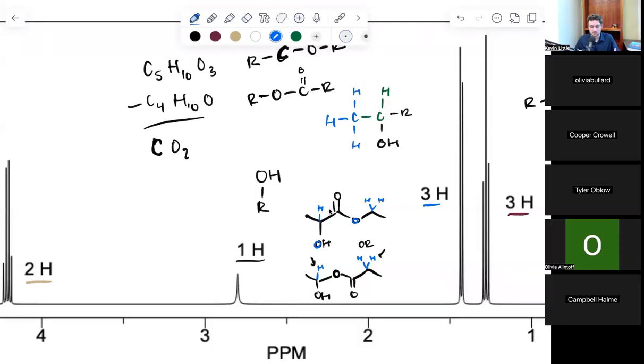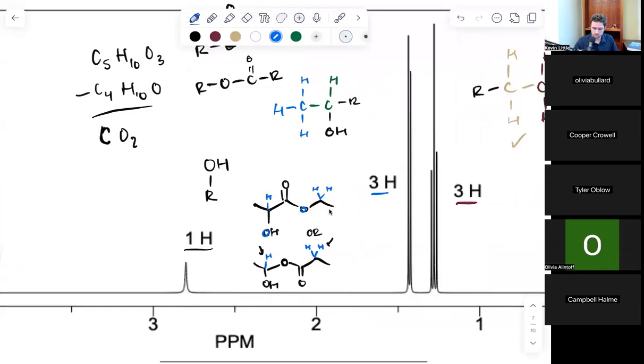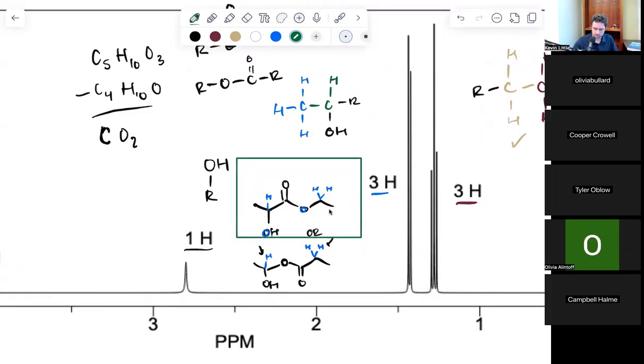I'd expect them to be very similar in their shift. And so that means this top structure makes more sense with the shift of those two protons. So again, if you got the bottom structure instead of the top structure, you're looking at like 9 points out of 10, right? So just building the fragments gets you a few points.